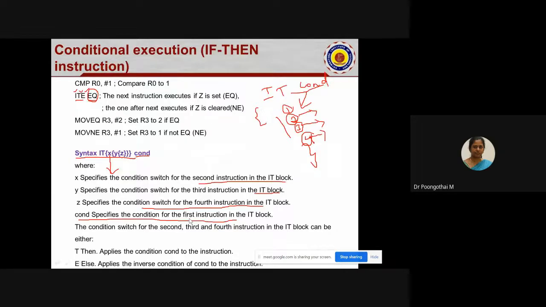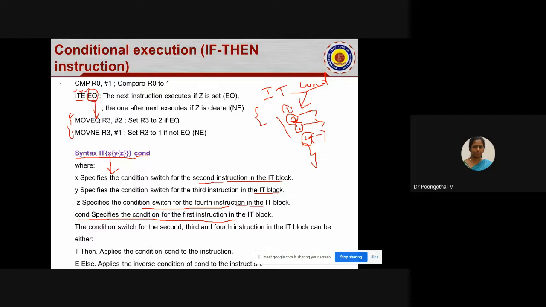So look at this first example: if-then-else, EQ. This EQ is for your first instruction, the COND. I have incorporated 2 instructions under this IT block. This equal conditional attribute is for the first instruction.